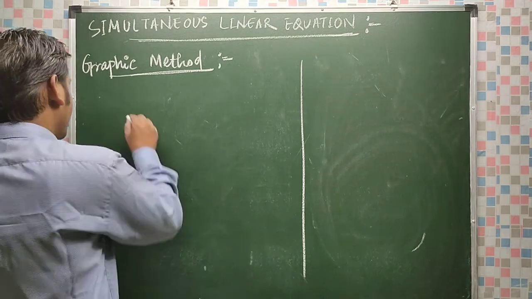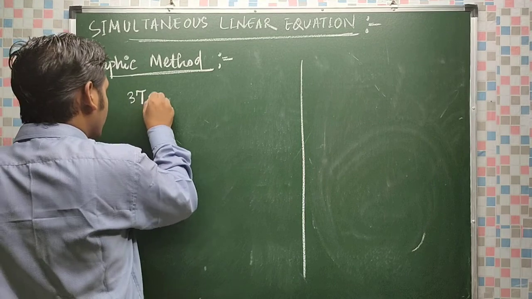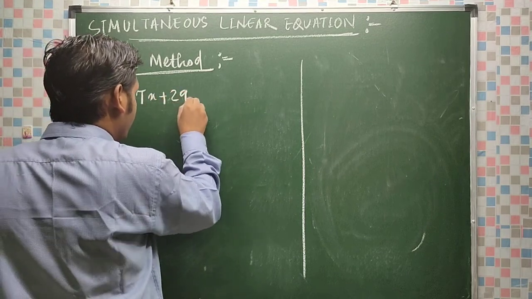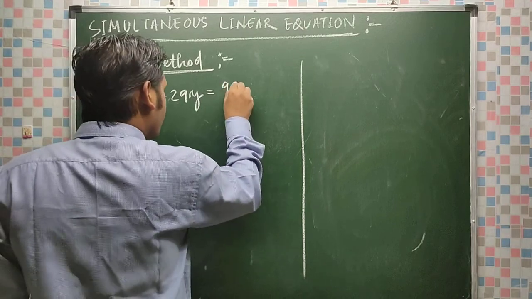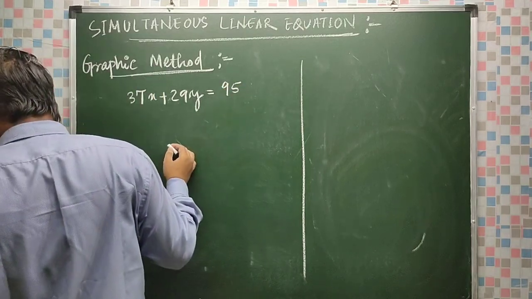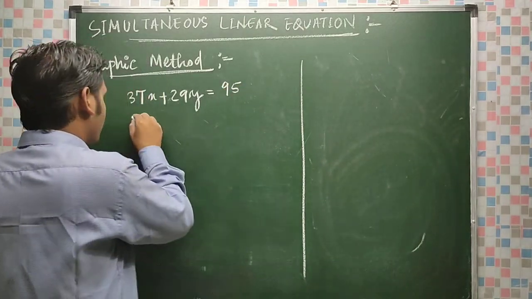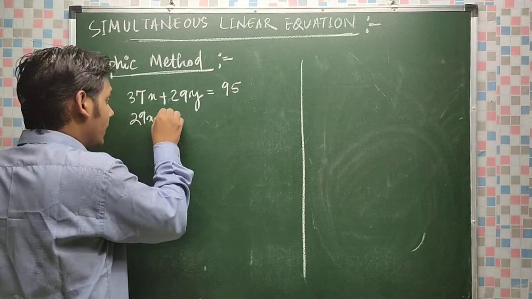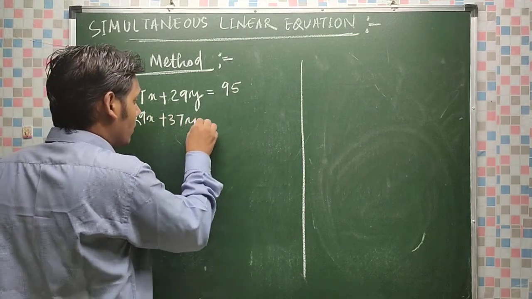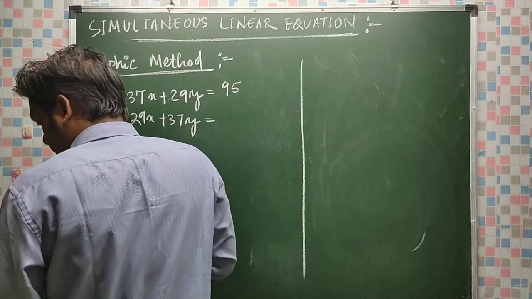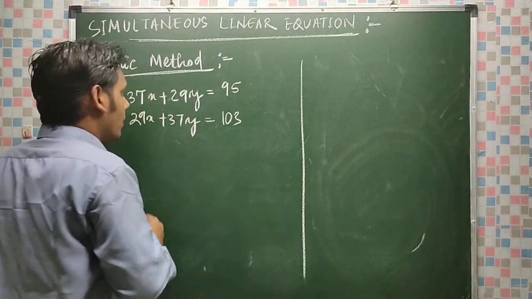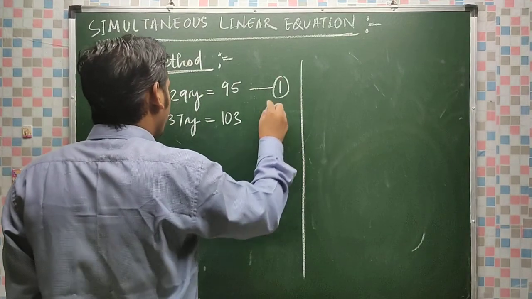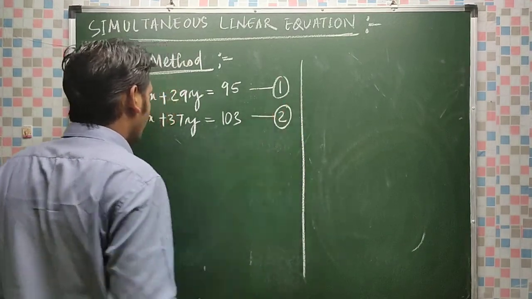37x plus 29y is equal to 95, and 29x plus 37y is equal to how much? 103. So these are the two given equations.